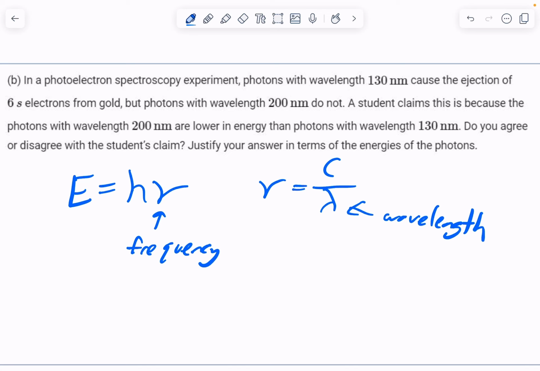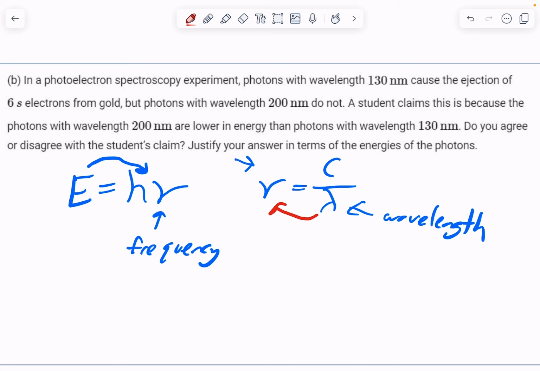We can use these two to do mathematical expressions, but we're also going to use them now to understand the direct relationship between energy, frequency, and wavelength. So energy is directly related to frequency. If the frequency increases, energy will be increasing. And on this equation on the right, we can see that frequency is inversely related to wavelength.